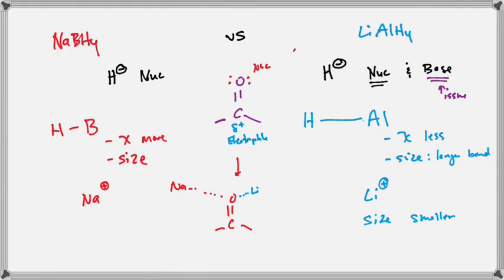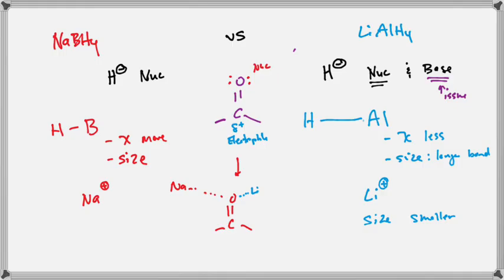Enough that lithium borohydride is going to be more active than sodium borohydride, but less active than lithium aluminum hydride. So just changing that ion can subtly change the overall chemical reactivity.